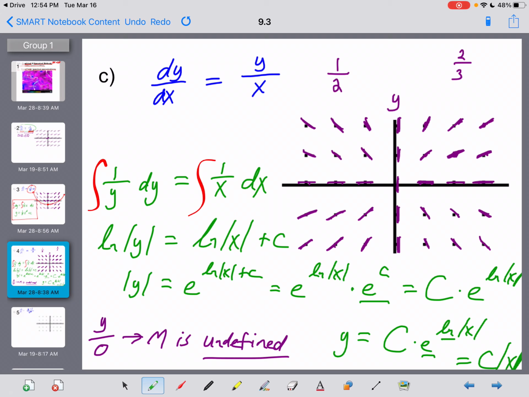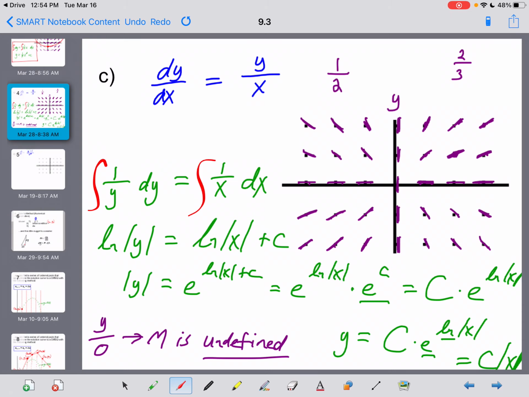Guys, that's a linear function with no y-intercept, so it's passing through the origin. If c were 2, it might be the line y equals 2x, which would look something like that. If c was 1/3, it might look something like that. Again, just trying to illustrate what we have accomplished here, but the slope field was really the important point.